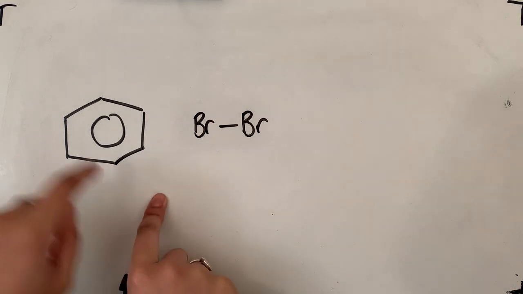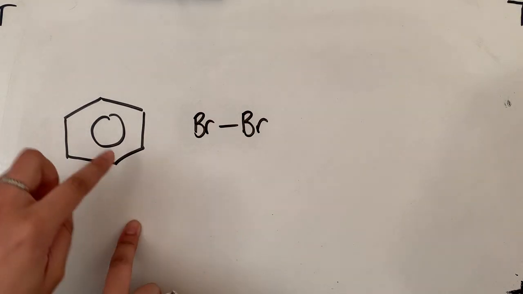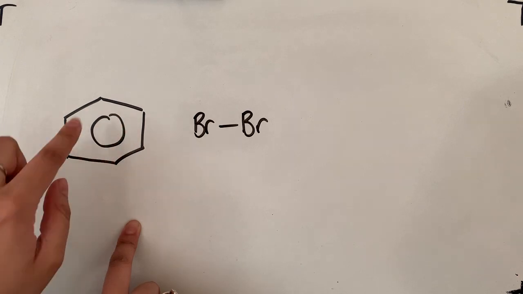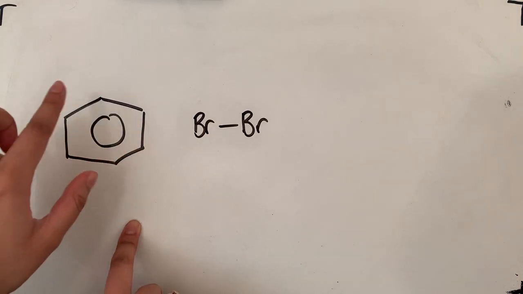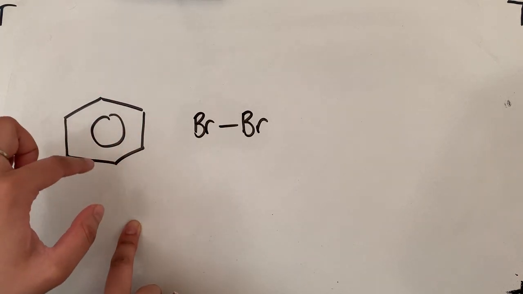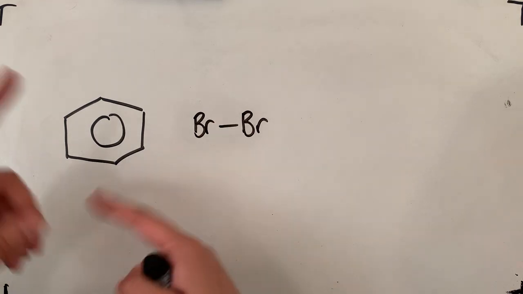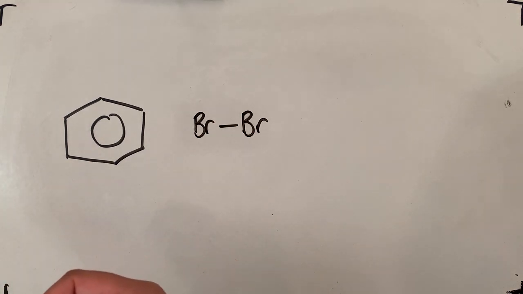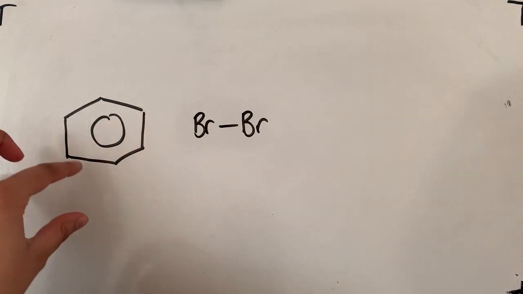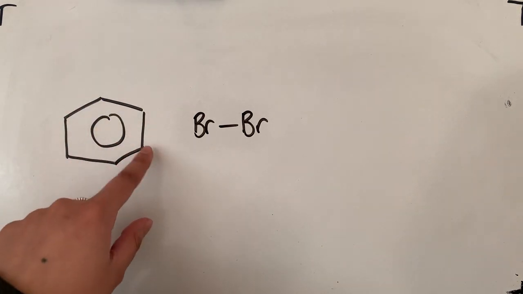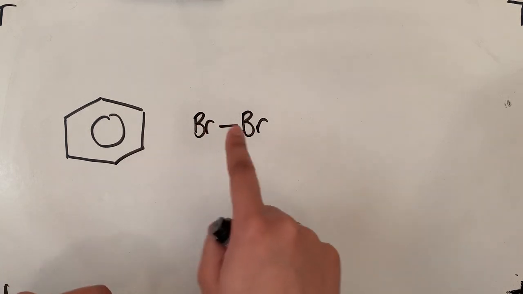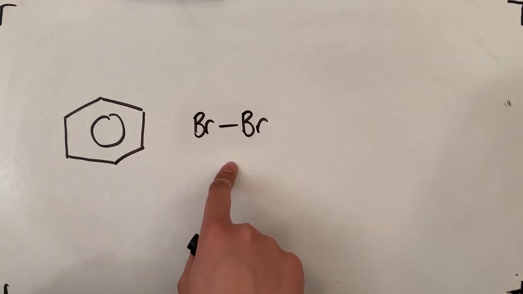The reason for that is when we have our benzene molecule, because we have 6 electrons that are delocalized, this molecule isn't electron rich enough. Because those electrons are constantly moving around, they're delocalized. At no point in this molecule is one side of it going to be electron rich enough to induce a dipole across our bromine.